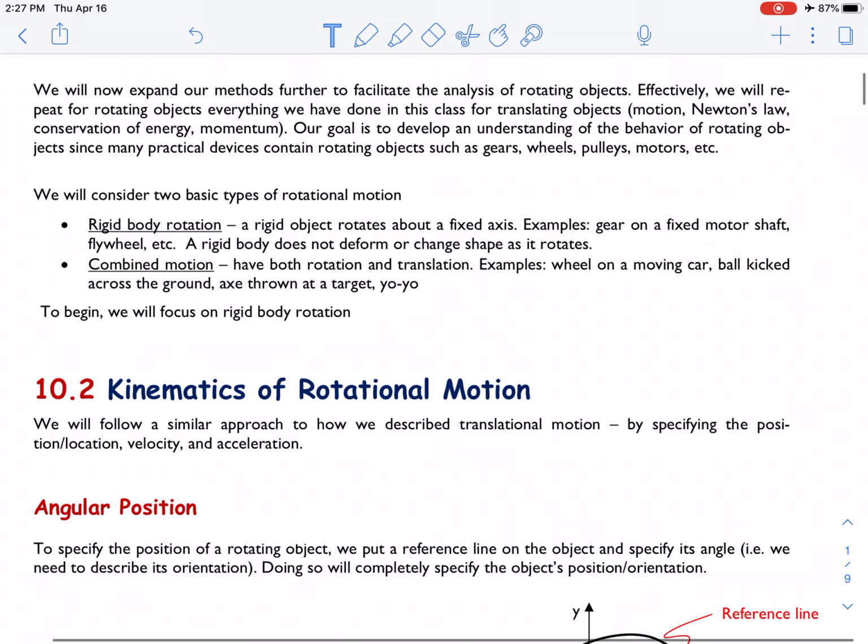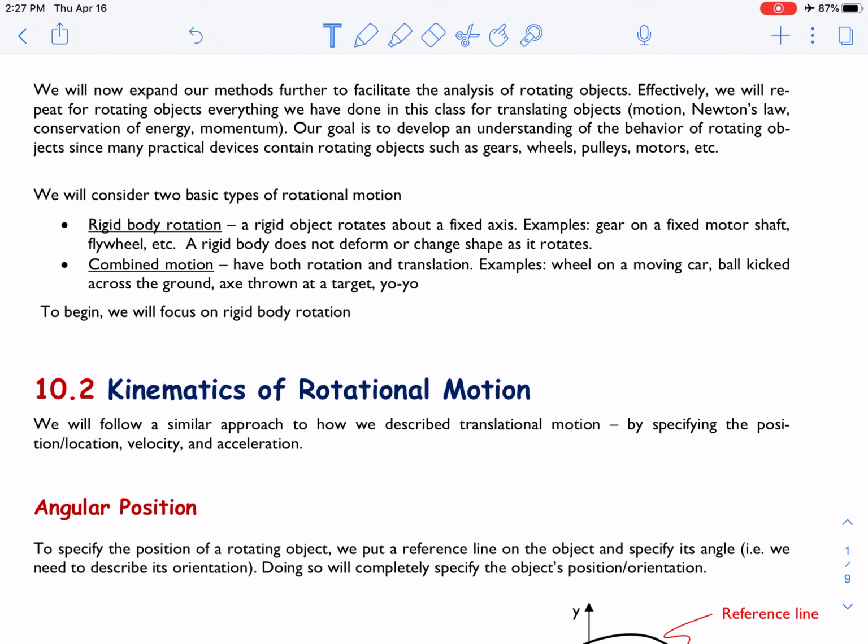And so we will consider two basic types of rotational motion. The first one is rigid body rotation. So this is, again, a pure rotational motion. Okay, only the rigid body rotates. It doesn't move in a translating way or linearly. So rigid body rotation is when a rigid object rotates about a fixed axis.